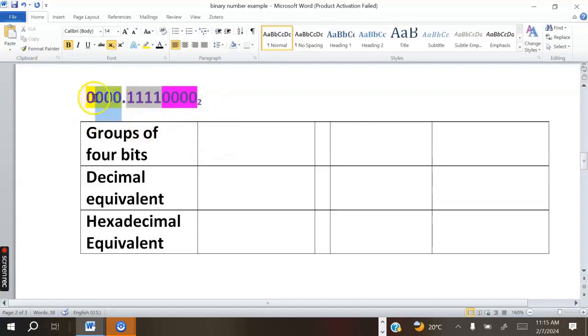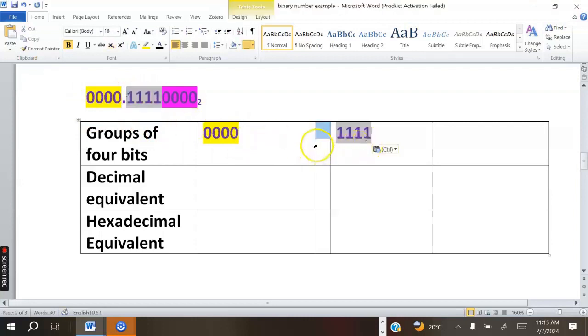Okay, having done that, the next step is to write down the numbers. Then here we have the point.